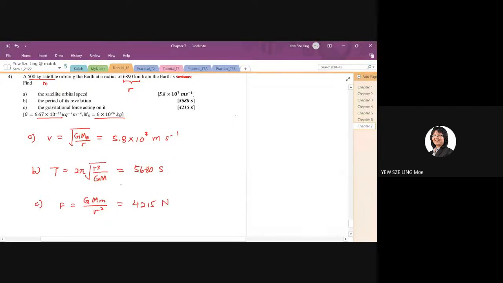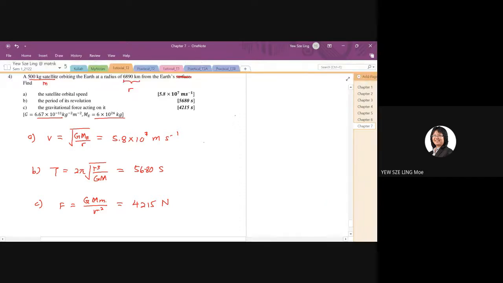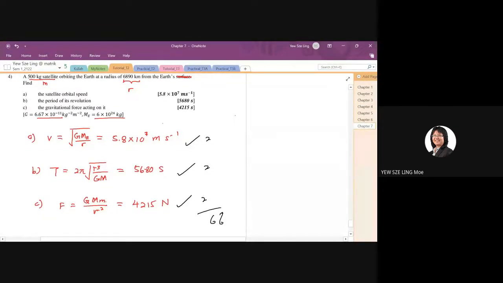So this question is a typical exam question, and usually just these 3 parts are worth 6 marks already. Question 1 usually is 2 marks, this one 2 marks, this one 2 marks. All together 6 marks. So you see, it's very easy to score in your exam. Just use the right equations and make sure you use the right R and the correct M.